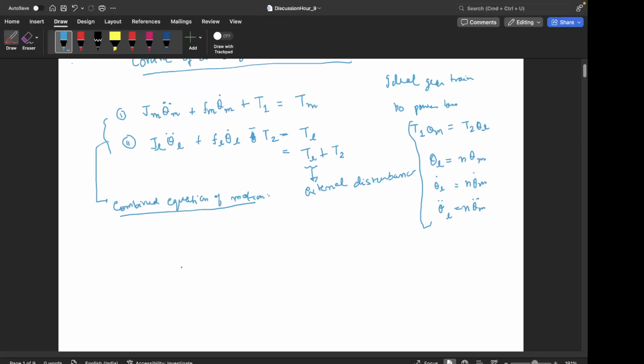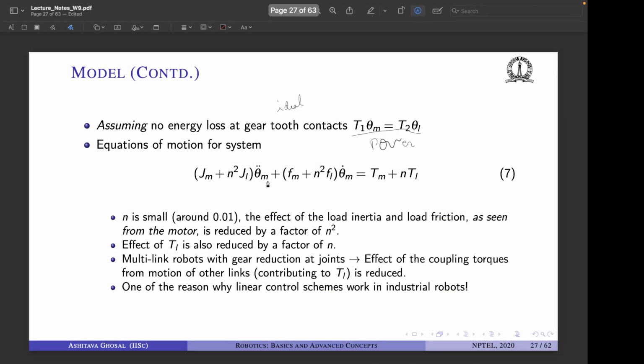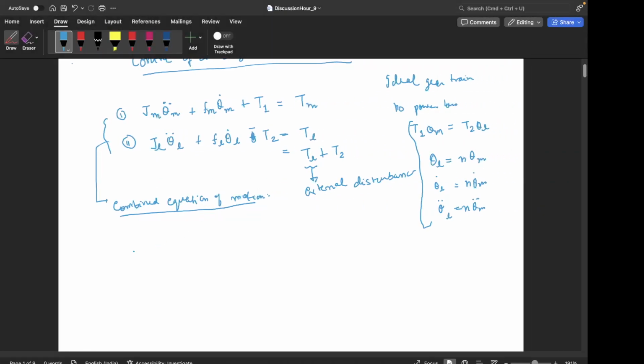So let's first write that. We want to write everything in terms of theta m, because theta m is the variable that we will be actively controlling, right? So the second equation can be rewritten like JL, and then here n theta m double dot plus FL n theta dot m is equal to TL plus T2.